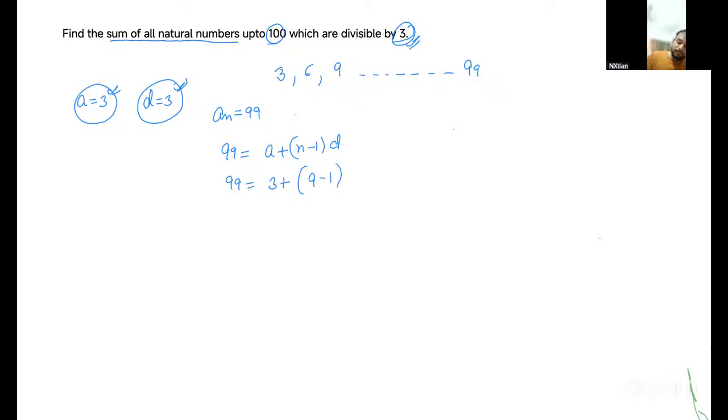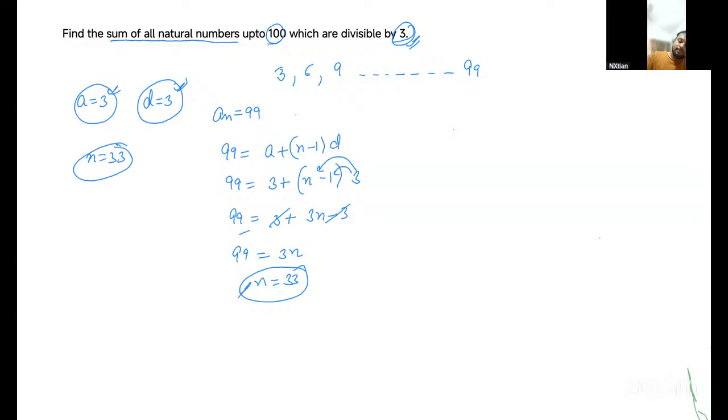What is d? d is the common difference, which is 3 again. So 99 is equal to 3 plus 3n minus 3. So 3 and minus 3 will become 0. So 99 is equal to 3n, n is equal to 33. So I got the value of n as 33.